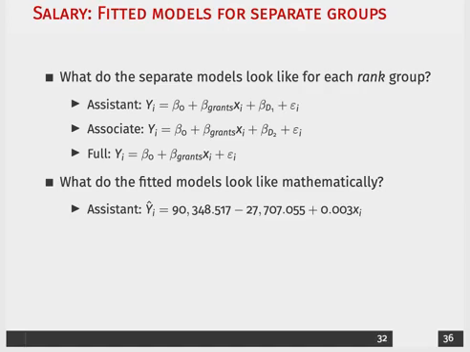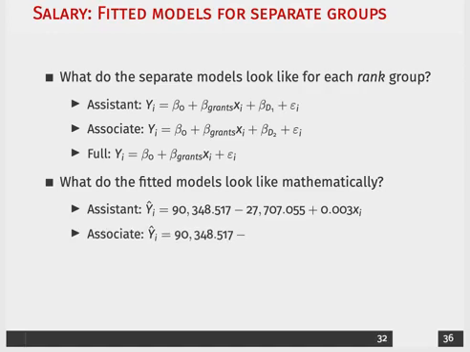And again, the xi is for the grants, right? The estimated coefficient for D1 is the negative 27. So again, if we were looking at the difference, what that's telling you is that between assistant professors and full, remember that's the baseline, they on average, holding grants constant, make around 27,000 less.